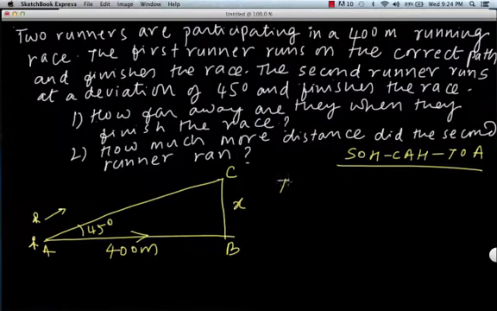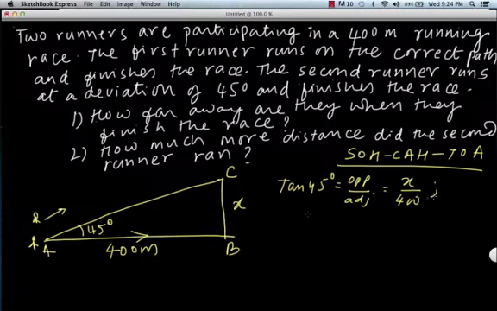So tan 45 is equal to opposite by adjacent, which in this case is x by 400. We know tan 45 is 1, so x is equal to 400 meters.